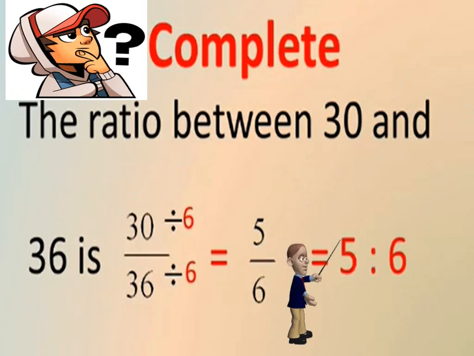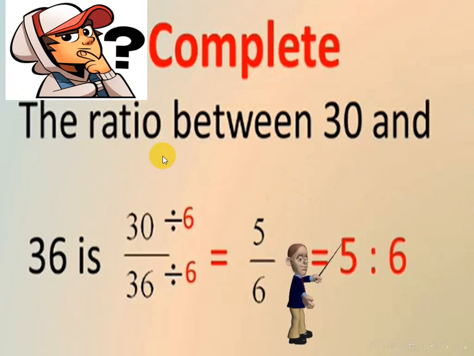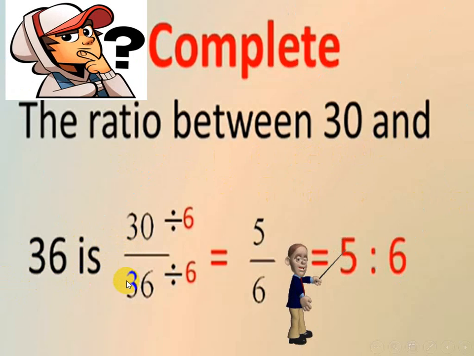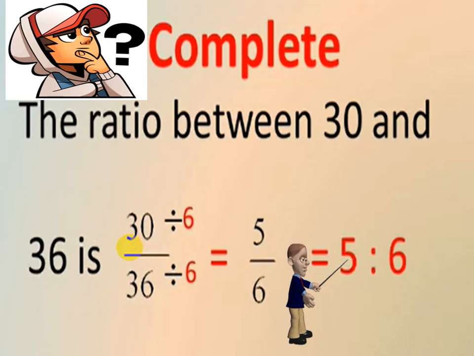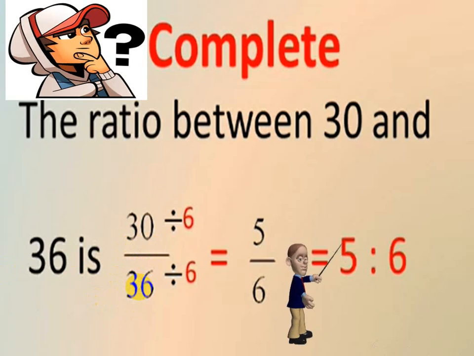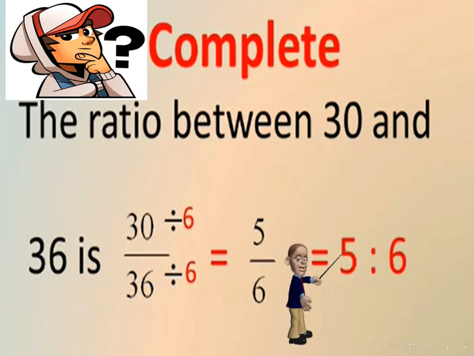Examples. Complete. The ratio between 30 and 36. Observe that 30 is the first number, the first term, the antecedent of the ratio, and 36 is the consequent, the second number or the second term.